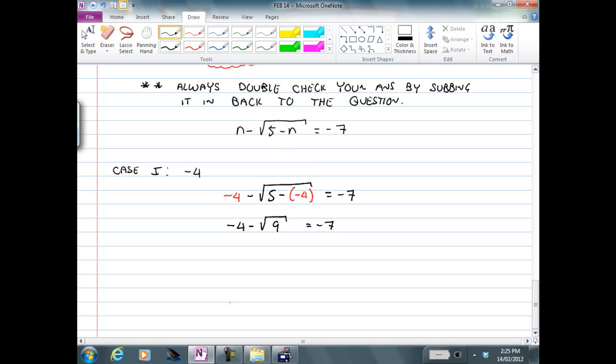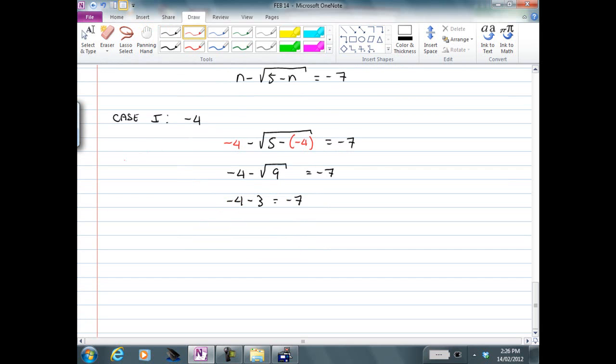Square root of 9, we know it's going to be 3. So negative 4 minus 3. Hey, does that equal negative 7? Yep. So we're going to say negative 4 works. Done.